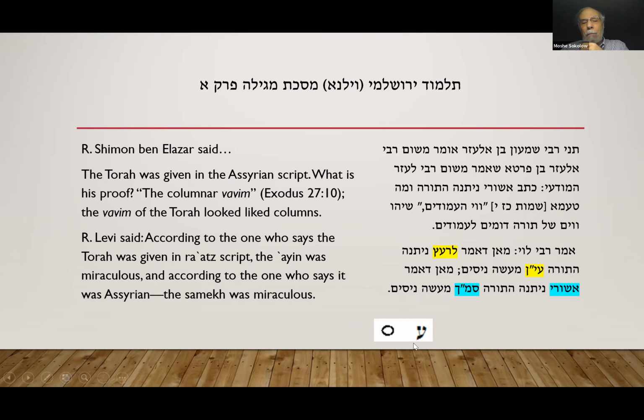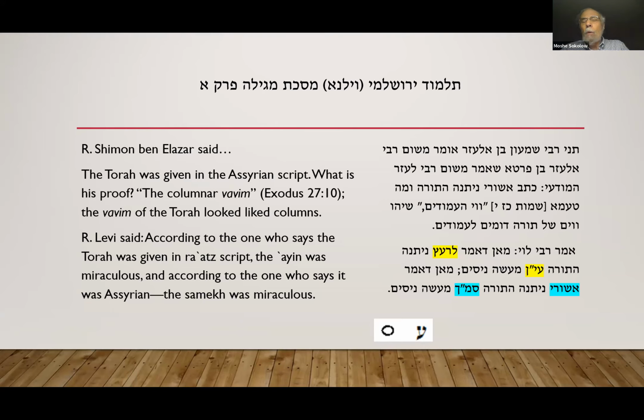And as you see on the bottom of the slide, the Paleo-Hebrew form, the Ktav Ivri form of the letter ayin, is actually a reproduction of the eye. It is a completely round or oval letter, completely enclosed.